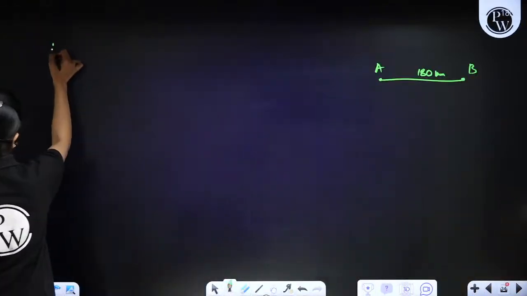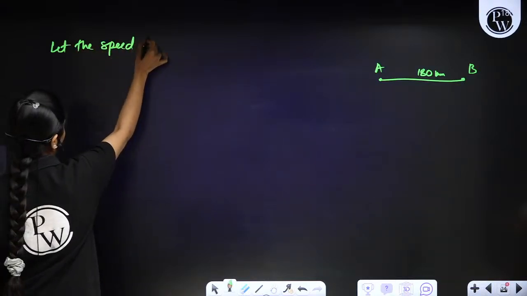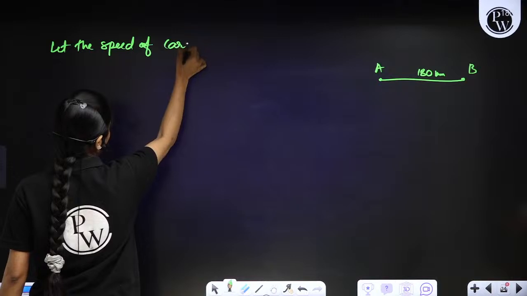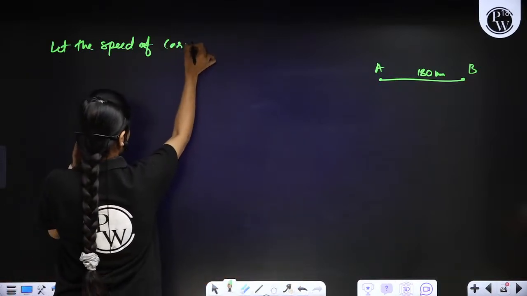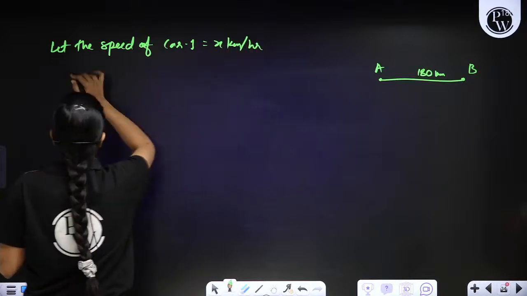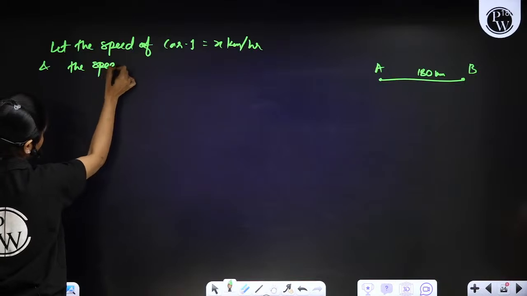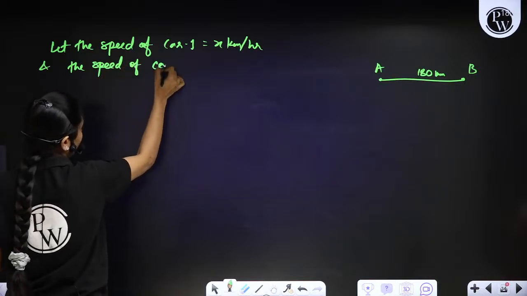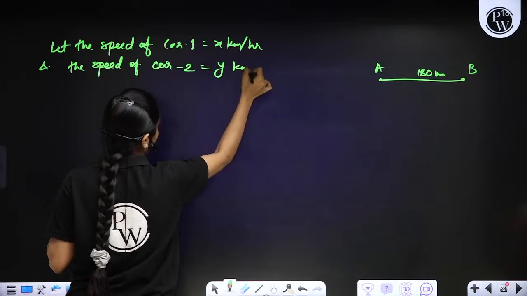So we will consider, let the speed of car 1 be x kilometer per hour and the speed of car 2 be y kilometer per hour.